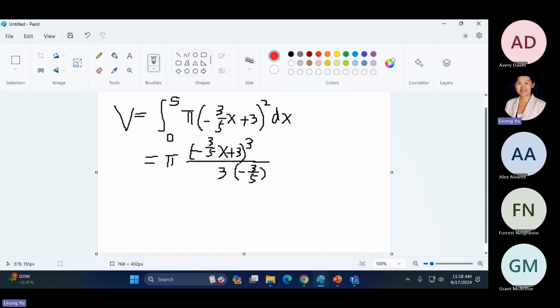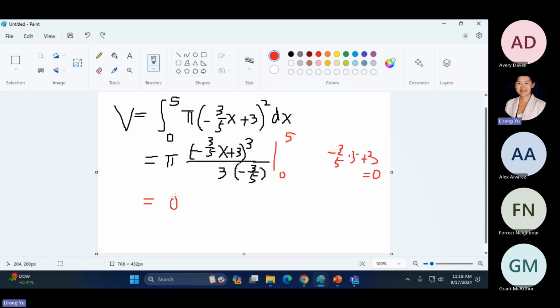And then once we have the antiderivative, we can plug in the 0 and 5. If you plug in 5, that's negative 3 over 5 times 5, and then plus 3. If you plug in 5, this actually equals 0. So this portion, when you make x equal to 5, actually equals 0.